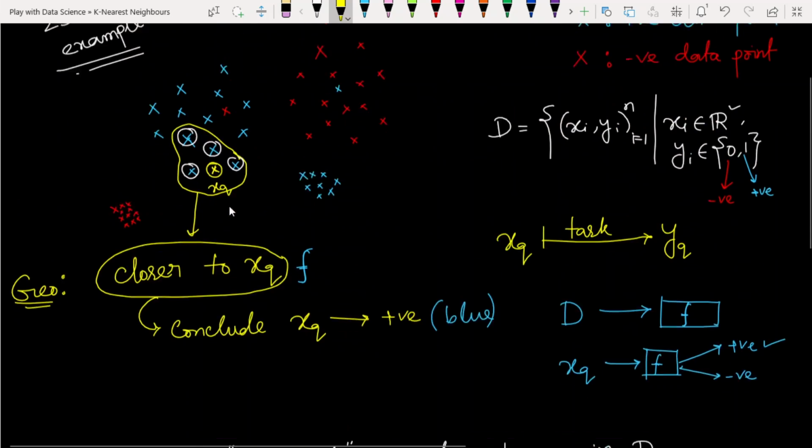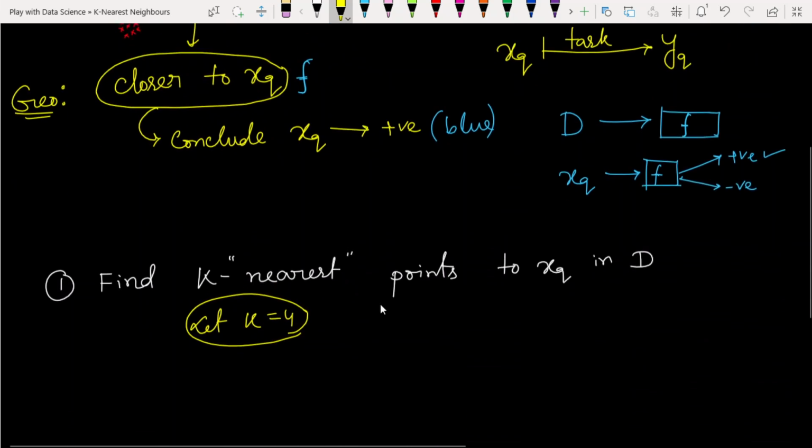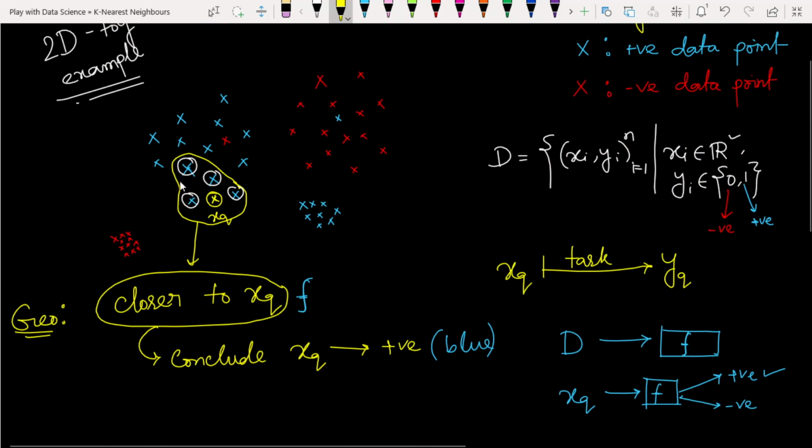Now we have chosen the k points. Now how will we decide? Suppose this point is x1, this is x2, x3 and x4.